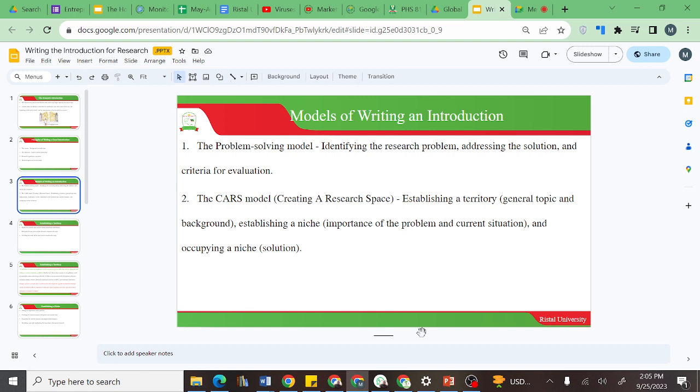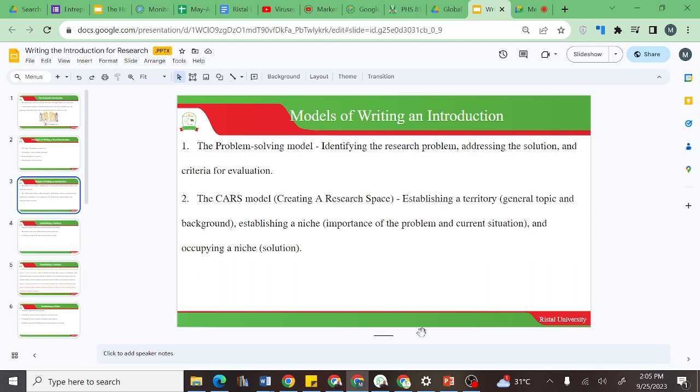So there are models of writing an introduction, and we are going to choose one of these. The first one is the problem-solving model, which is basically about identifying a research problem and then addressing the solution and the criteria for evaluation.